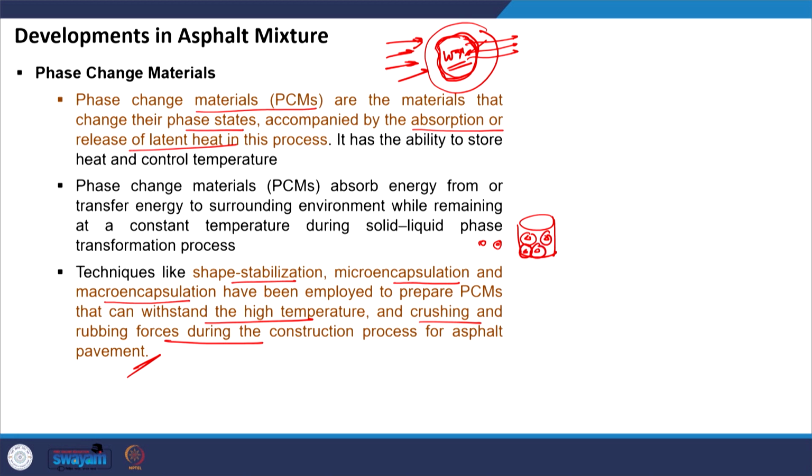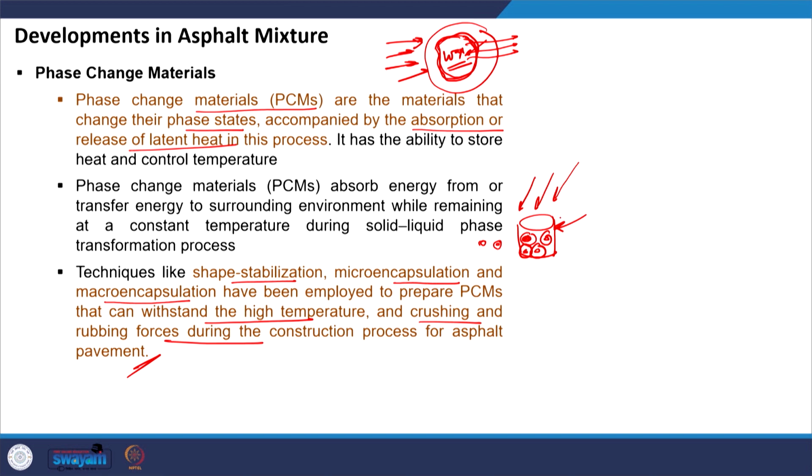phase change material. During summers, when the temperature is very high, these materials will absorb that heat and will not let the temperature of the bituminous mixture rise high, because it is absorbing the heat within itself.